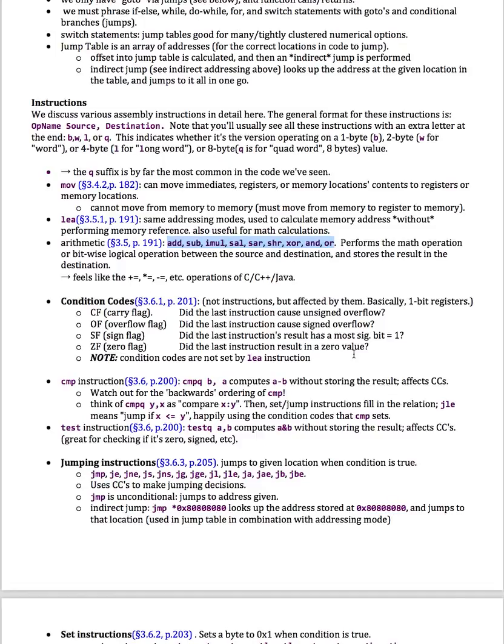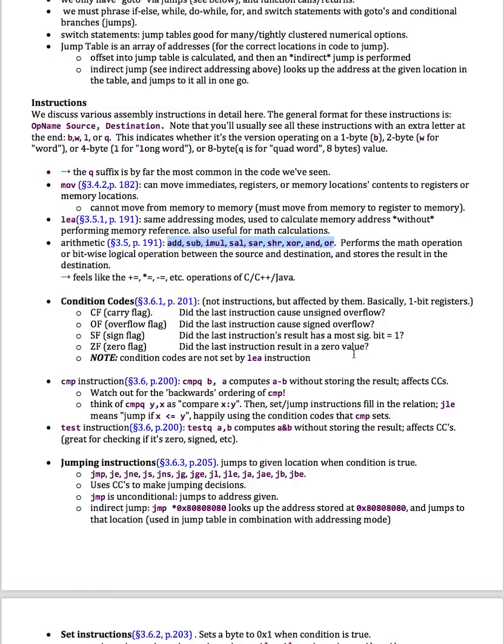Similarly, OF, or the overflow flag, indicates if the last instruction has caused a signed overflow. Note that unsigned overflow is captured by CF, the carry flag, and signed overflow, either negative or positive, is captured by the overflow flag.